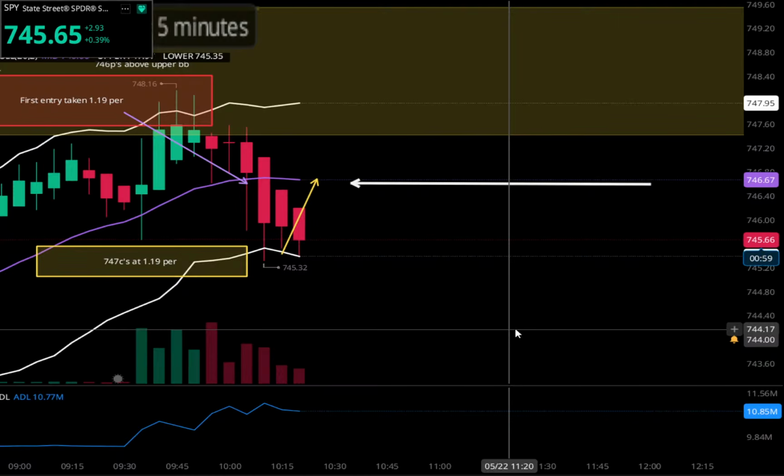So either we get our push down to that level, and I'll add more calls, or we're going to push upward and we're going to be able to profit on our calls. One or the other.